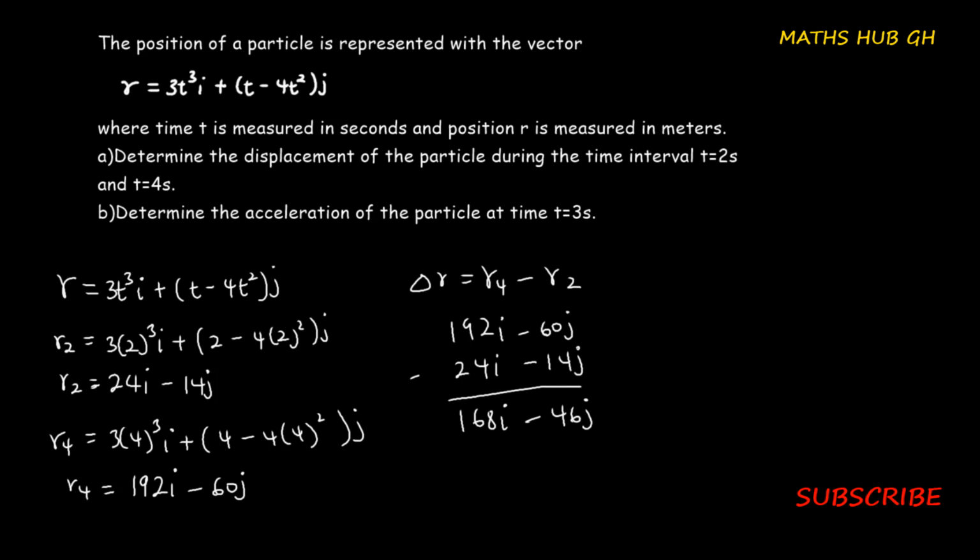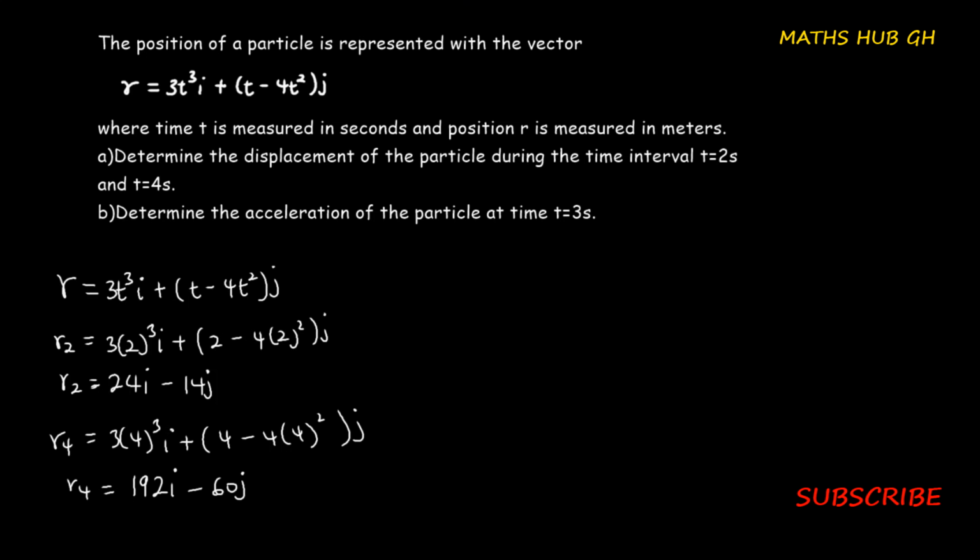So now the next thing is to determine the acceleration of the particle. So let's look at how we are going to do this. To determine the acceleration of the particle, you see that you are given the position vector.